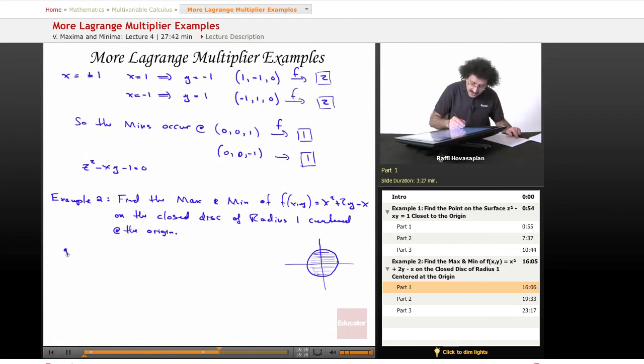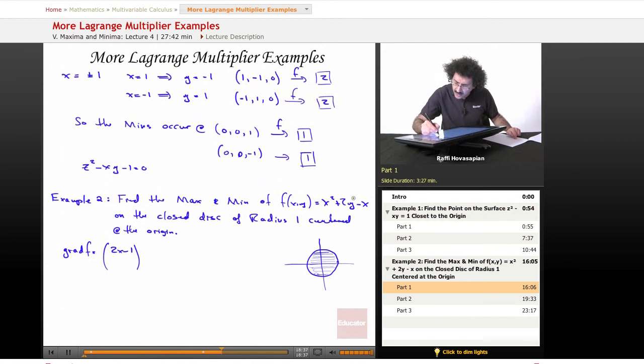So let's find the gradient of f, and we will set it equal to 0 to see where the critical points are. So the gradient of f is going to be 2x minus 1, that is the derivative with respect to the first variable x. And then we have 2y squared, so our derivative with respect to y is going to be 4y.